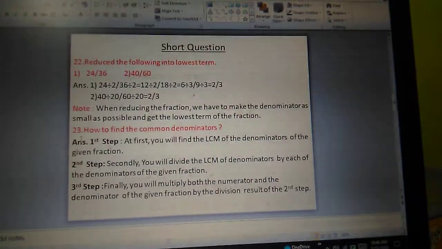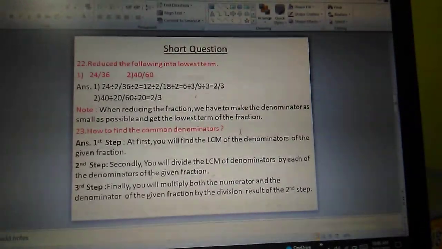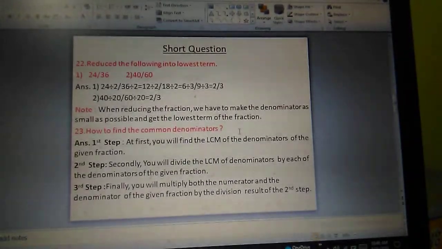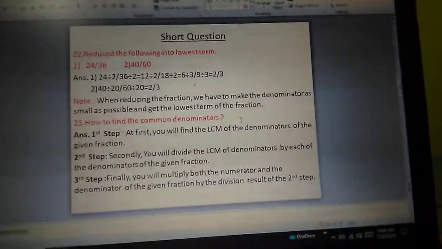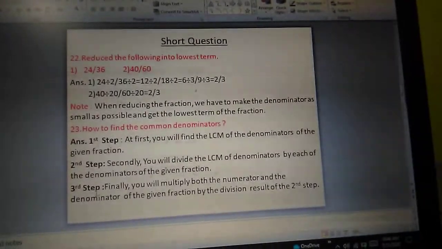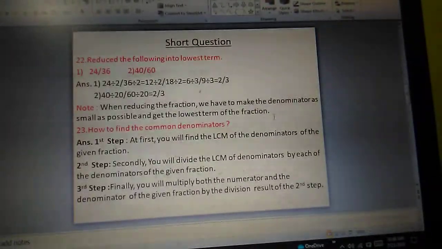Okay, look here. How to find the common denominators? Getting common denominators is very beneficial for us for some types of calculation, but we have to know how we can get that. There are 3 steps: first step, second step, and third step. Following these 3 steps, we can easily get the common denominator.